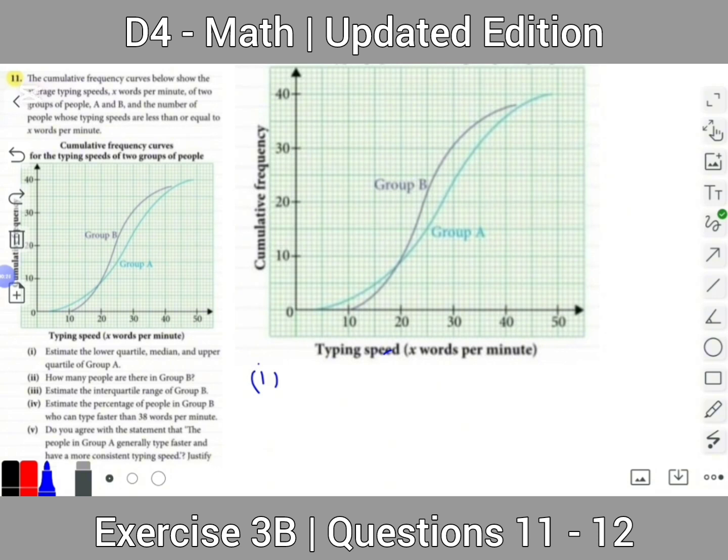The highest point on the curve for group A corresponds to 40, so the total frequency for group A is equal to 40. Now to estimate the lower quartile, for the cumulative frequency curve, we find the position of the lower quartile by using n over 4, which will be 40 over 4, equal to 10.